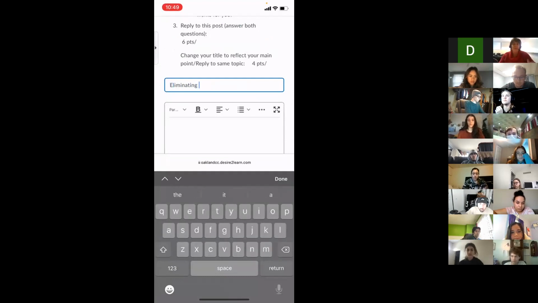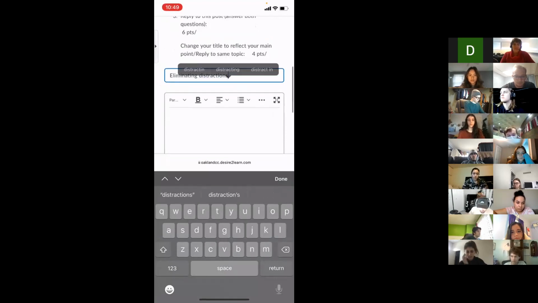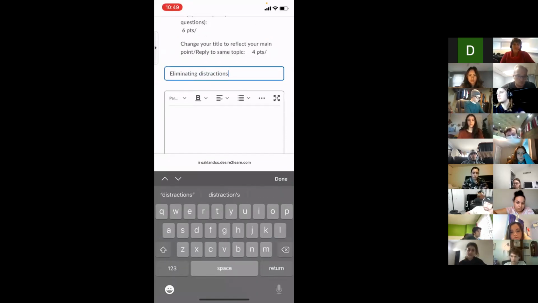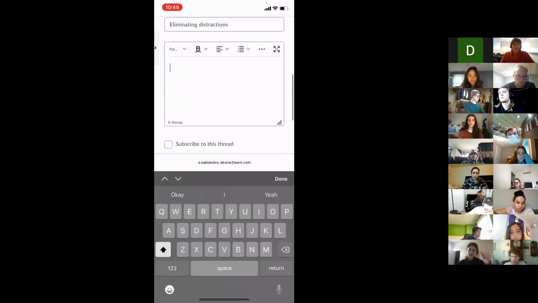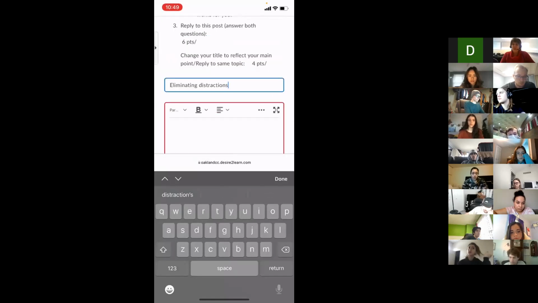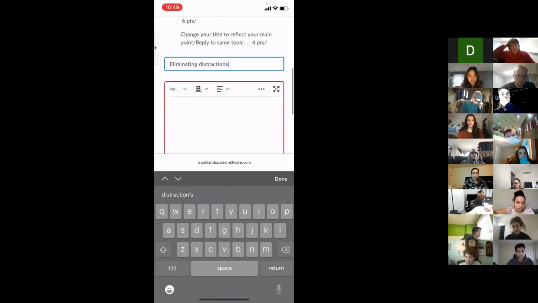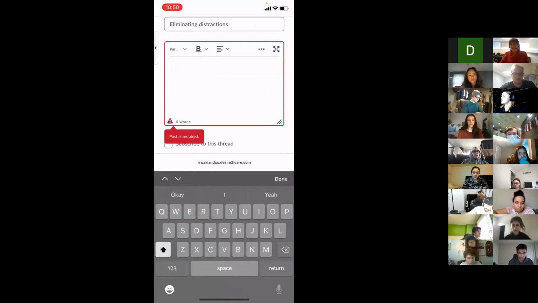You're giving the main point right there. Good. You could put both up there, but in the body, you're going to explain how you eliminate distractions. You turn your TV off, you put your phone in the drawer. You don't have to do all of that.